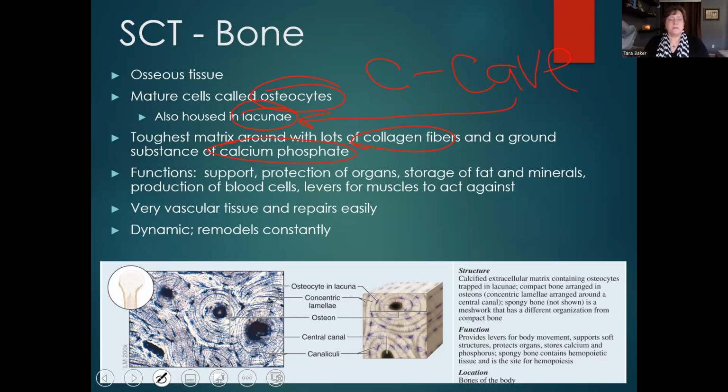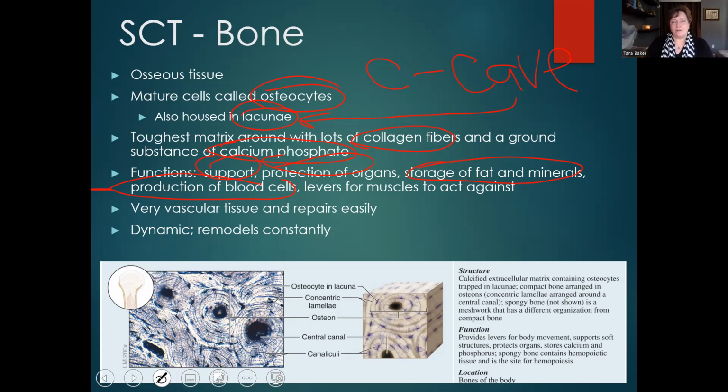So bone is for support, protection, storage of fats and minerals, production of blood cells. There's just so many different things, and we will talk about that in the skeletal system. But for right now, what you need to know is that bone has these multiple things going on.